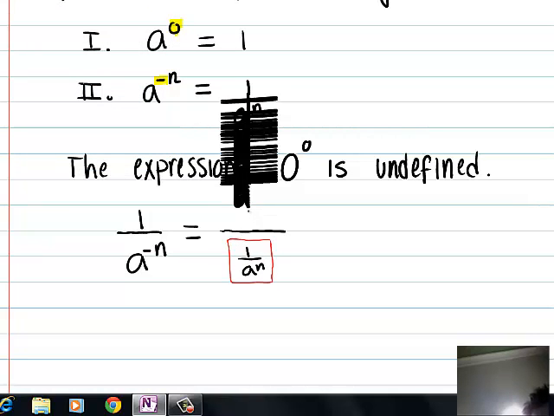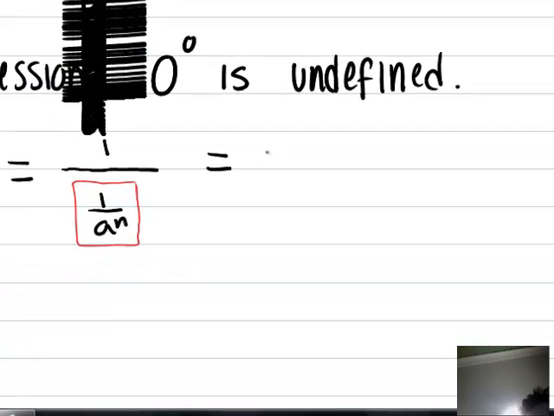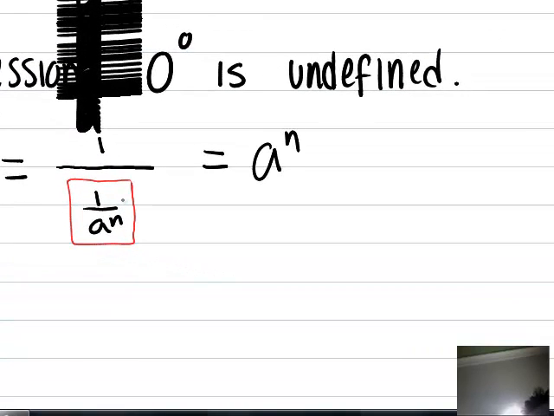So 1 over a to the negative n is the same as a to the n if you flip it, because to divide is to multiply by the reciprocal, and that's why it becomes a to the n.